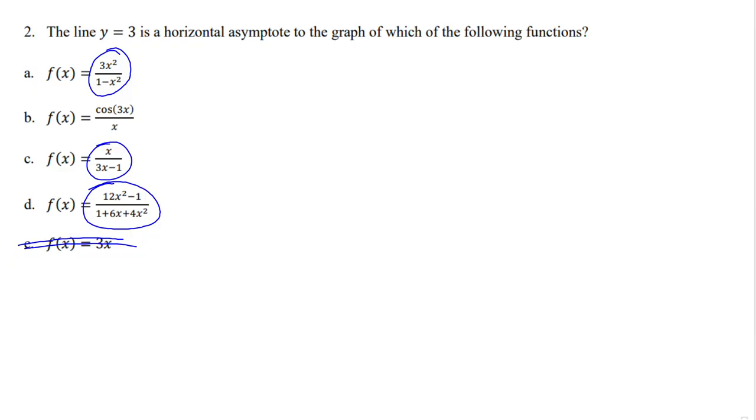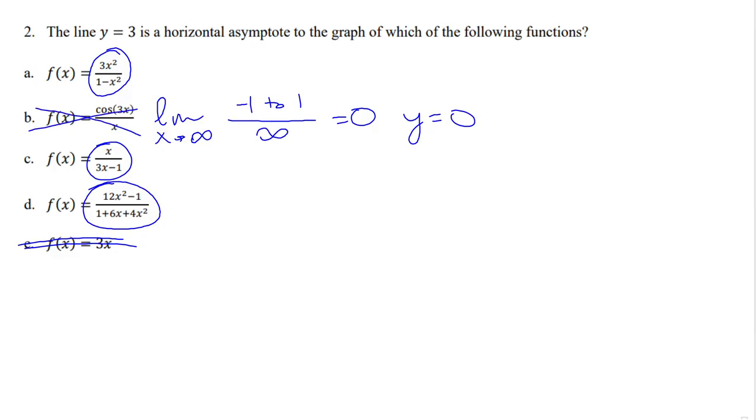And this one, cosine of 3x, if we think about the limit as x approaches infinity of this, the cosine of 3x is some number between -1 and 1 in the numerator, and in the denominator it's now infinity, which would be 0. So this one has y equals 0 as a horizontal asymptote. So it's not that one. And then all of the other 3, which will show the actual limit for the one that's the correct answer, they all have the same degree in the numerator and the denominator.